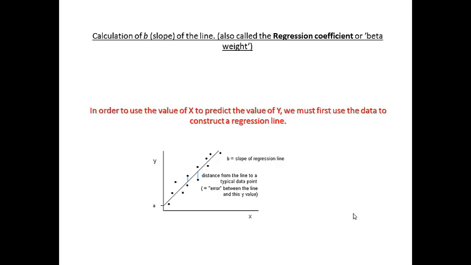Further dissecting our equation, the beta or slope, this is called the regression coefficient. Now this terminology is going to be very important when we look at an SPSS output file. So beta or beta weight or slope, regression coefficient, these are all the same thing. So in order to use the value of x to predict the value of y, we must first use the data to construct a regression line.